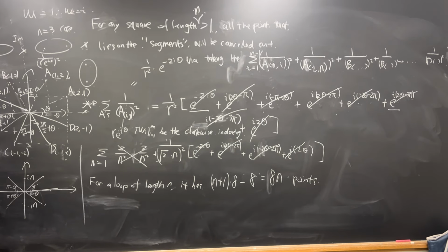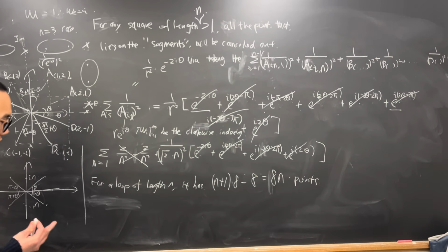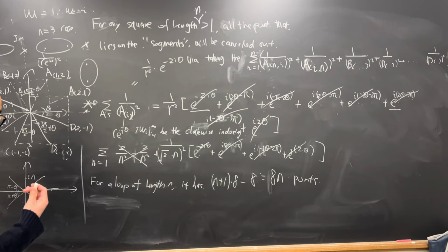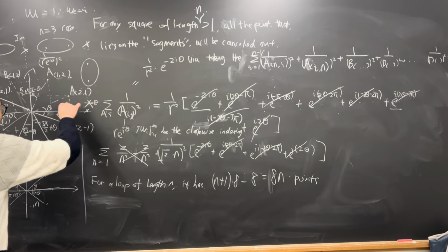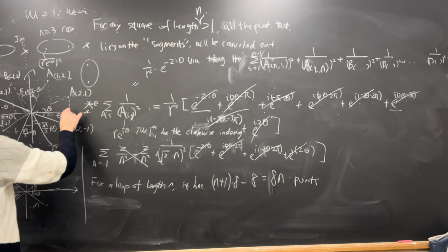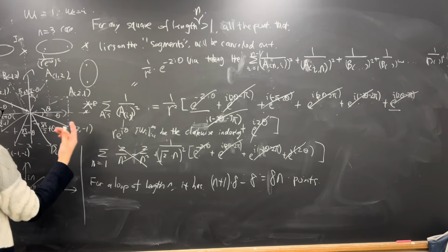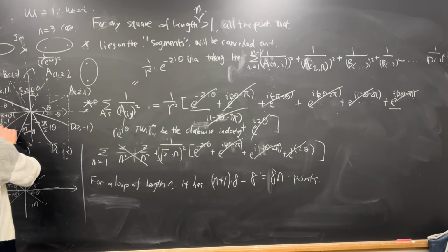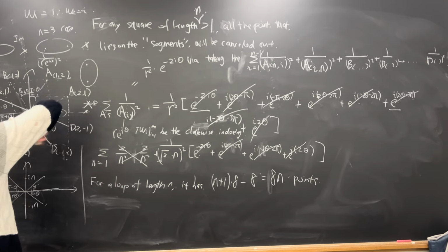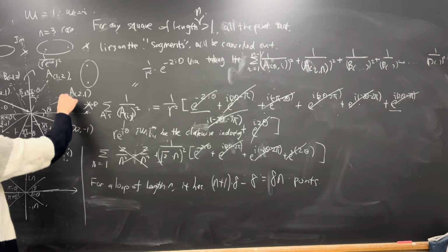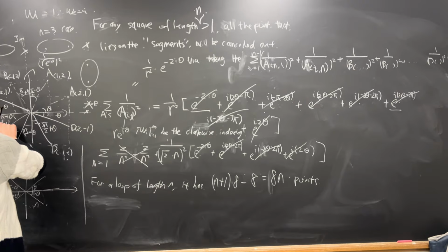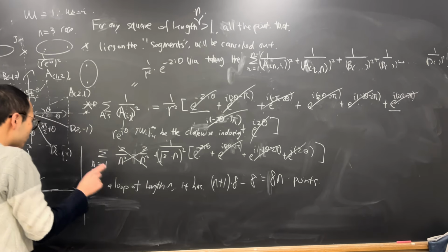I want to show that the modulus of the sum is less than epsilon for any point. You pick a time where I stop, like you're running a loop, and if I start at any point, then the sum from the beginning to this point must be less than epsilon. Okay, this is the thing I want to show.